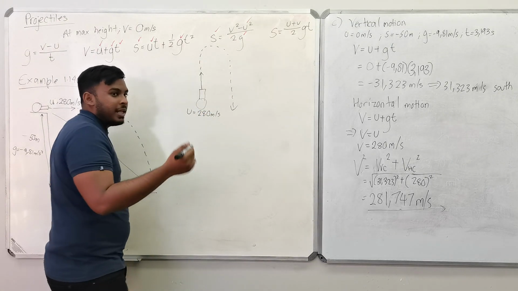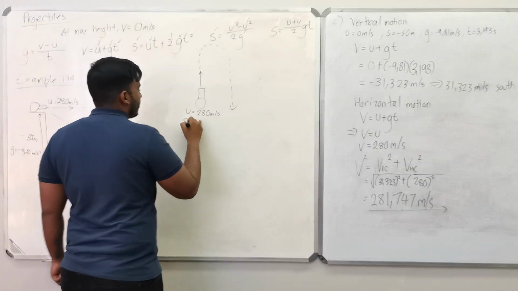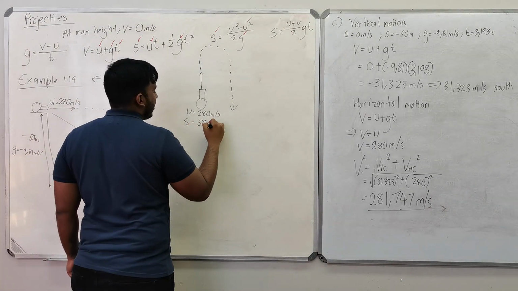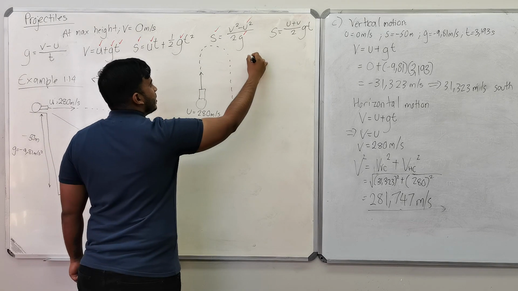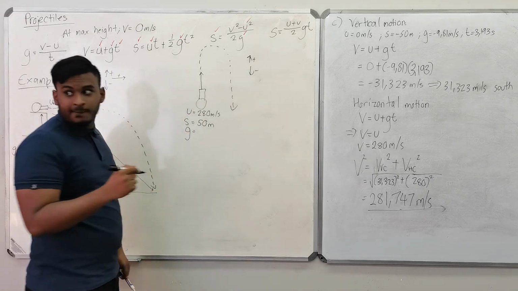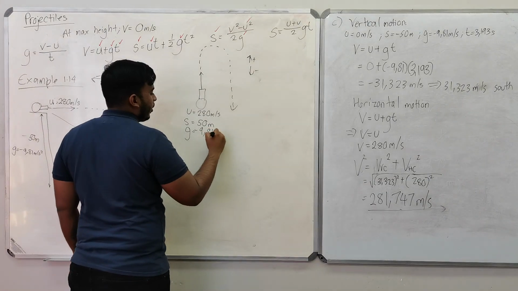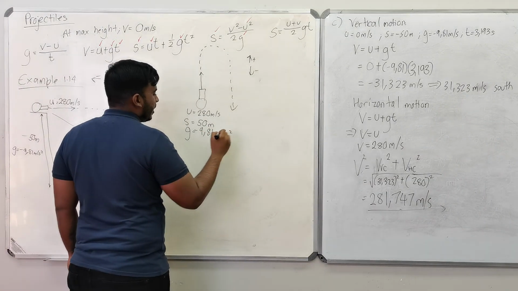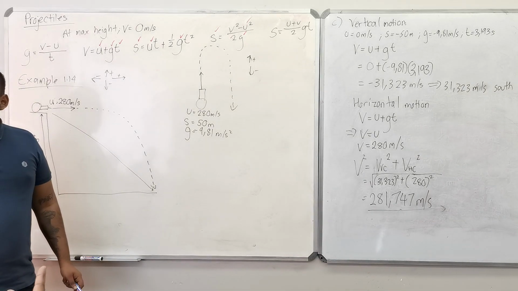The displacement that they gave us is 50 meters. Gravity will be equal to, we're taking up as positive, down as negative, minus 9.81 meters per second squared. So this is like the first example we did.